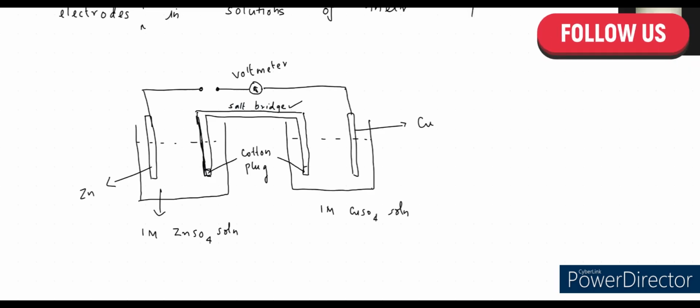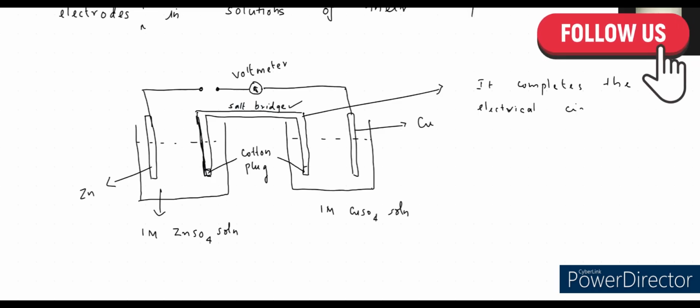The main function of the salt bridge is that it connects the two halves. One more function is there, which we will discuss a bit later. So, the first function of salt bridge is that it completes the electrical circuit.